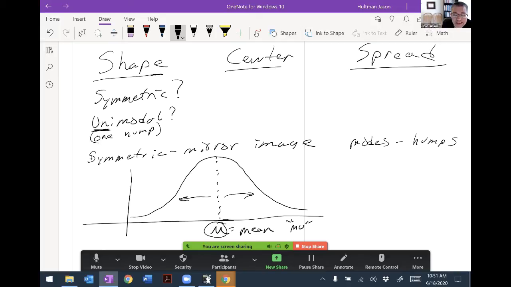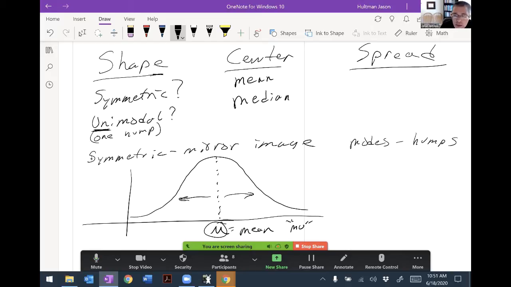Okay, center. In this class, we're going to talk about 2 measures of center, and that's going to be the mean, which is the average, and the median, which is the middle. We've talked about that already.